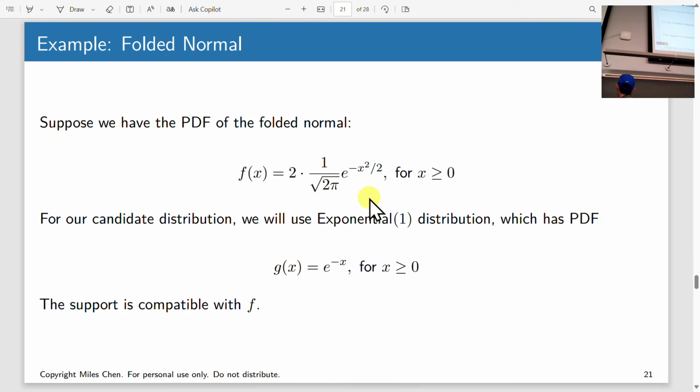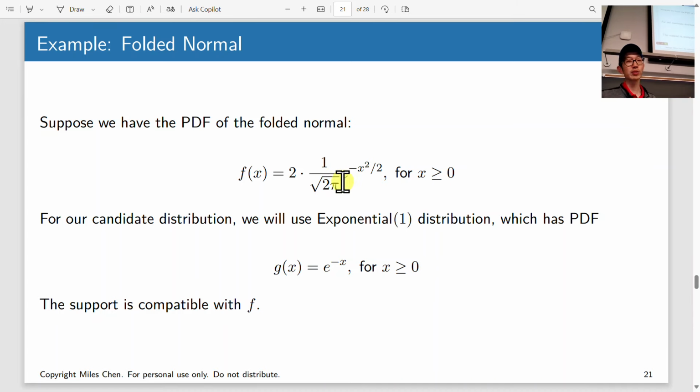So here we've got the folded normal distribution. For the folded normal distribution, we're taking the standard normal distribution and plugging it into an absolute value function.